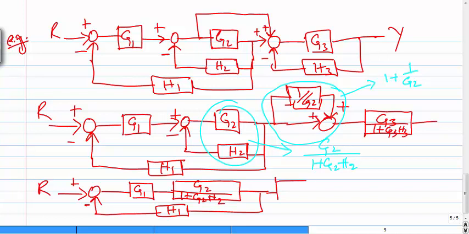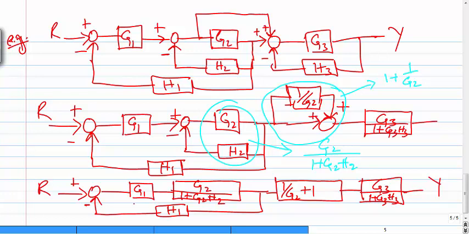Then we have 1 over G2 plus 1, times G3 divided by 1 plus G3H3. Now things look quite simple: just cascade multiplication and feedback, then multiply, and you get the result. So this is the way we can easily solve the block diagram.